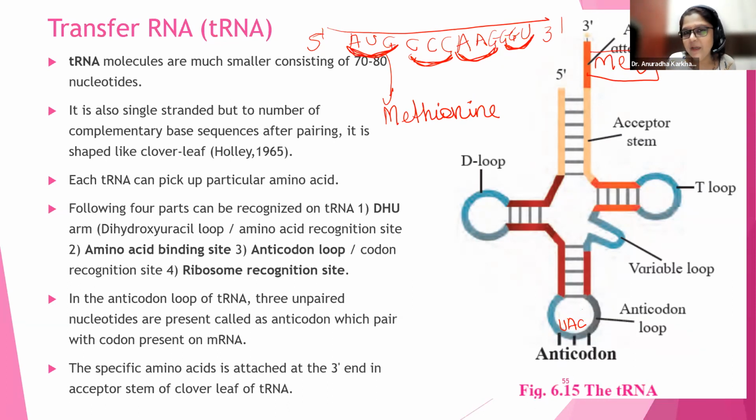Now you understood the connectivity, how protein synthesis is going to initiate. So this is one amino acid which will come. AUG whistles at UAC, and UAC whistles at methionine.